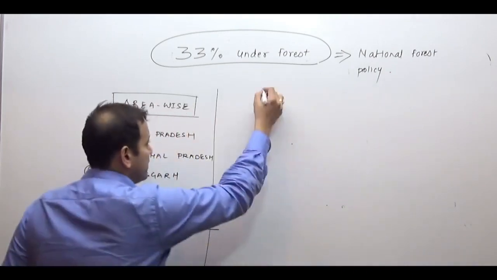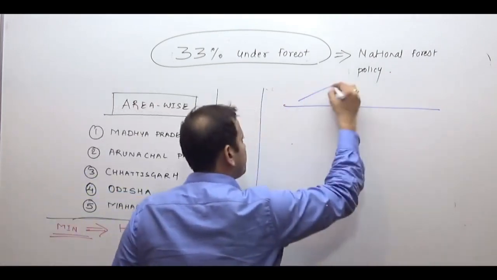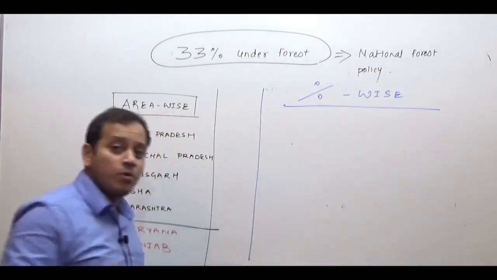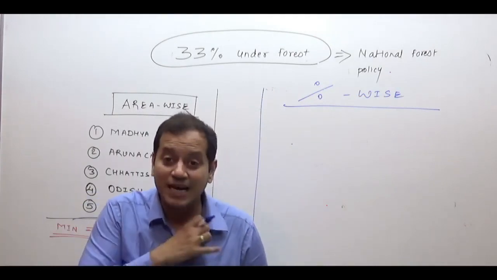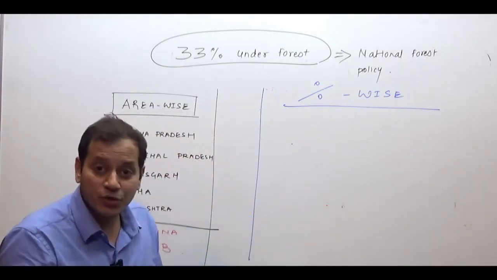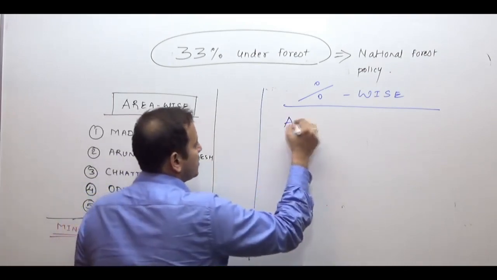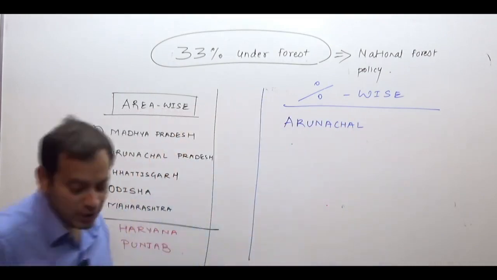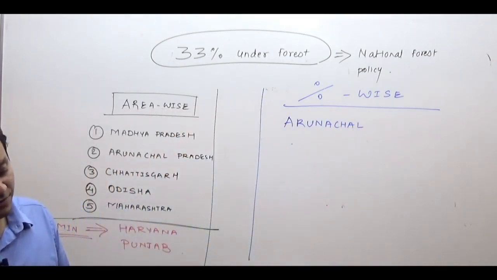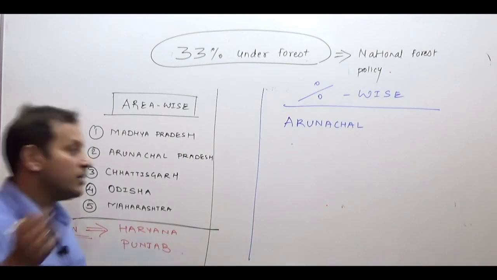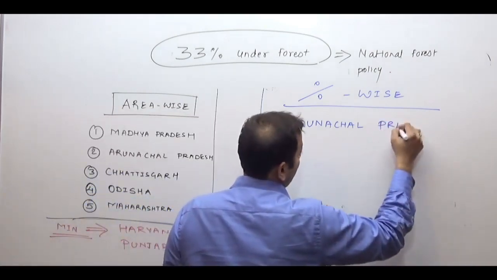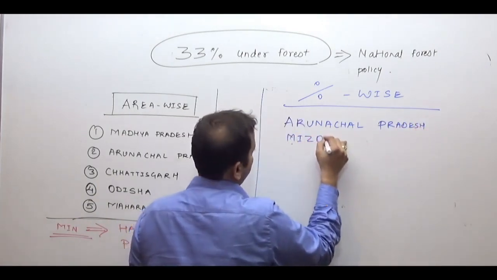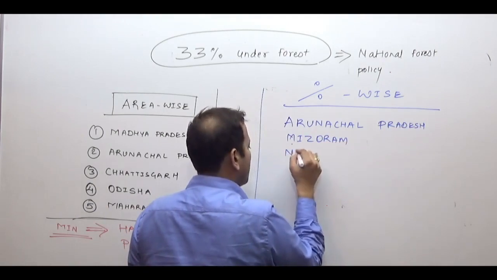So percentage wise, the topmost states are Arunachal Pradesh, Mizoram and Nagaland.